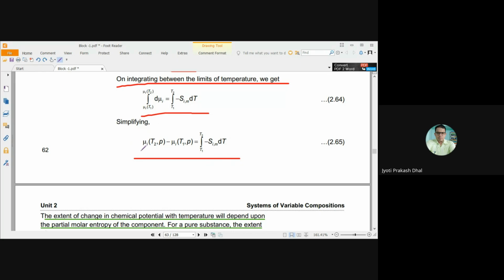Solving this, we can find the chemical potential of the ith component at temperature T2 and constant pressure P, minus the chemical potential of the ith component at temperature T1 with constant pressure P, equals minus integral of SiM dT from T1 to T2.